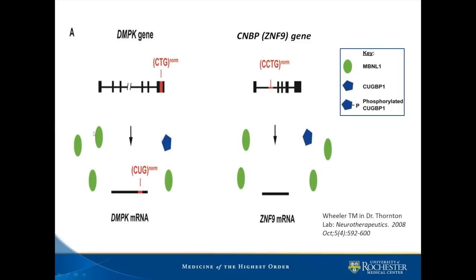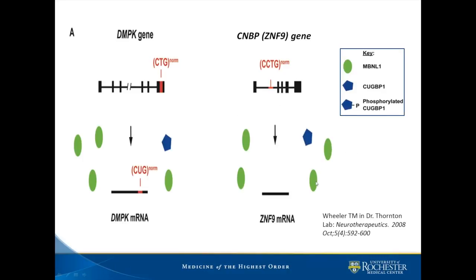So normally what happens? In myotonic dystrophy, the gene is transcribed, made into RNA. That RNA forms CUG, which is the RNA equivalent of CTG. It's quickly handled in the nucleus normally and then moves out of the nucleus quickly into the cytoplasm to do all its different assignments.